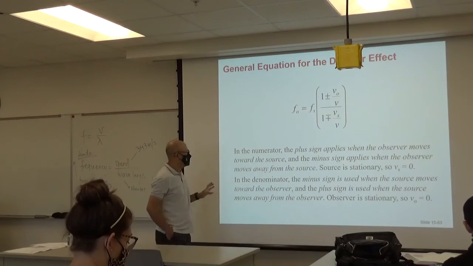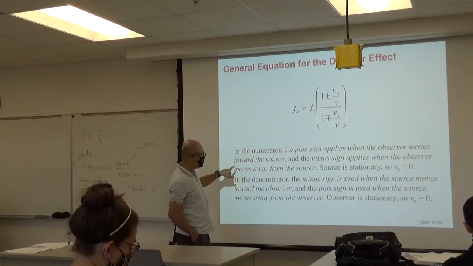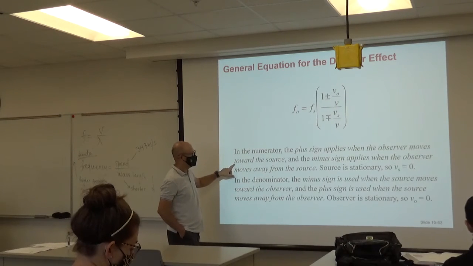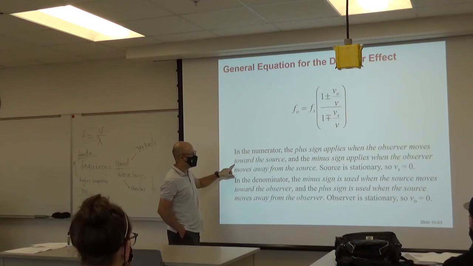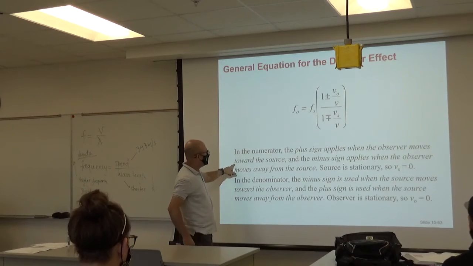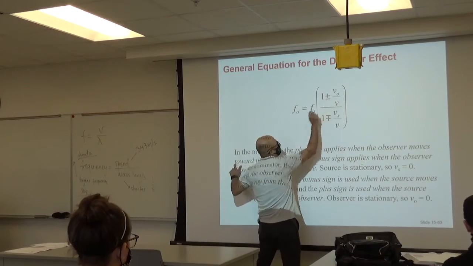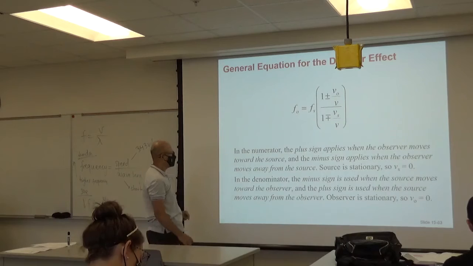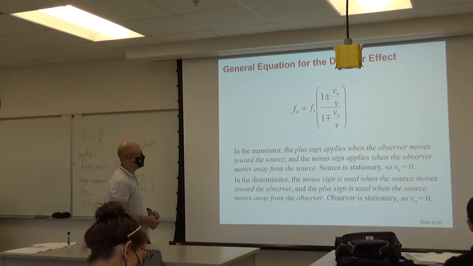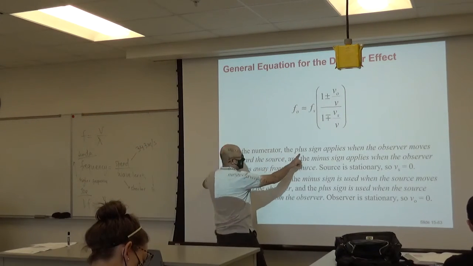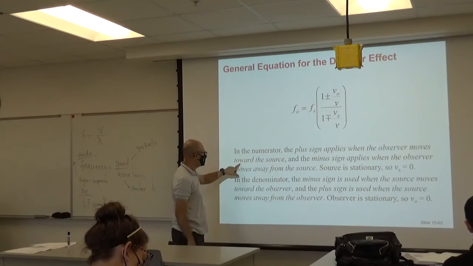So for example, if the observer is moving towards the source, then we use plus sign in this numerator. So the plus sign applies when the observer moves towards the source.